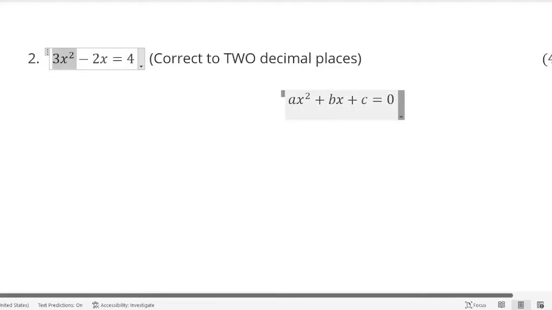Right now, let's write this equation 3x squared minus 2x is equals to 4 in the form of ax squared plus bx plus c.